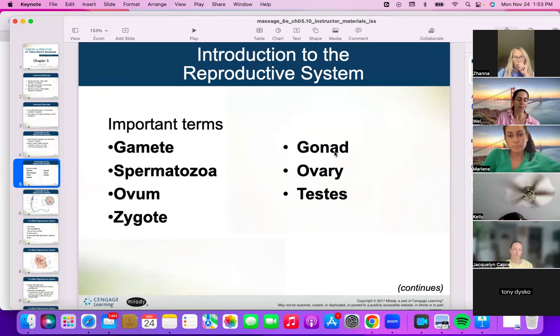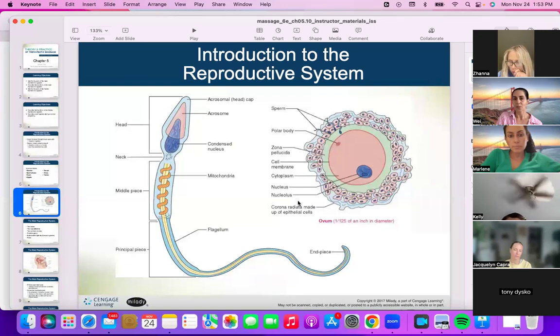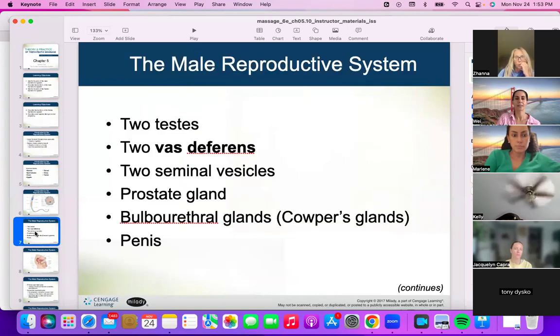Gonad is, that's my best pronunciation for those things, by the way. They're sex glands, okay? And they can be ovaries for female and testes for male, okay? So we have the glands and we have the sex cells. This is your ovum and this is your sperm cell, okay?